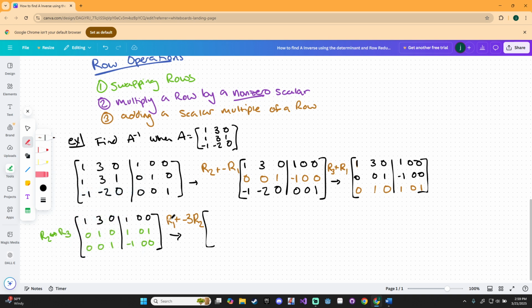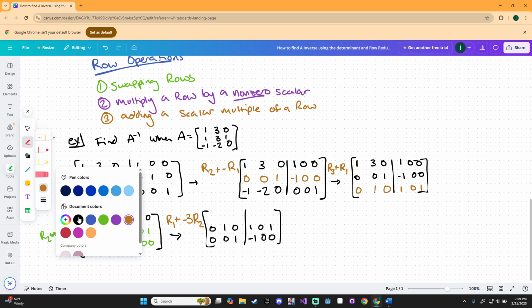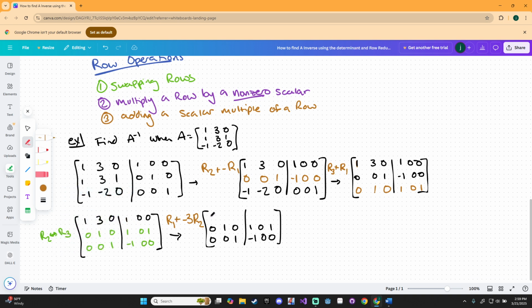So we know we're changing R1, so we'll keep the other ones the same. Make sure that you're copying them down accurately. And then we'll change R1.